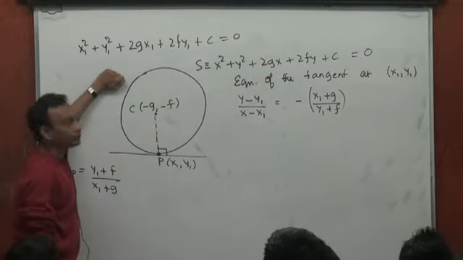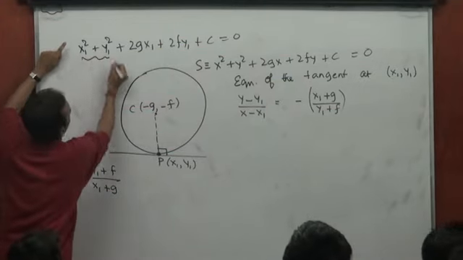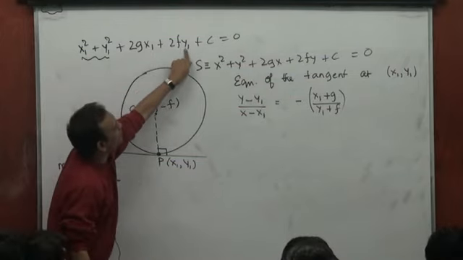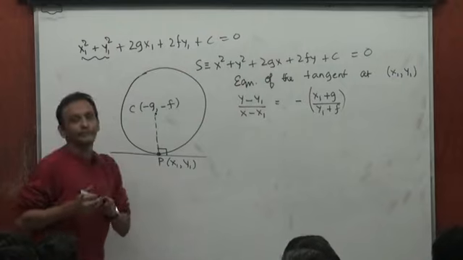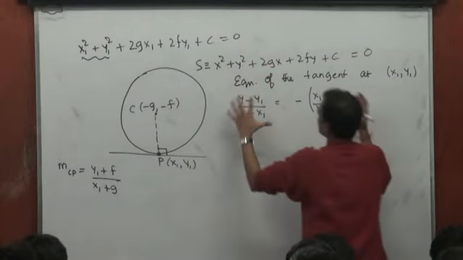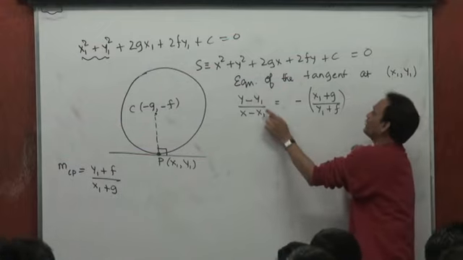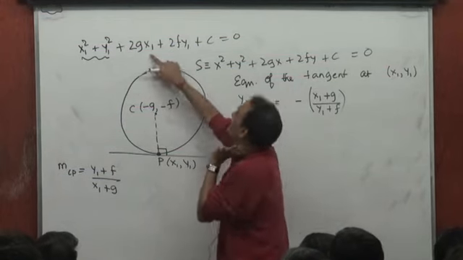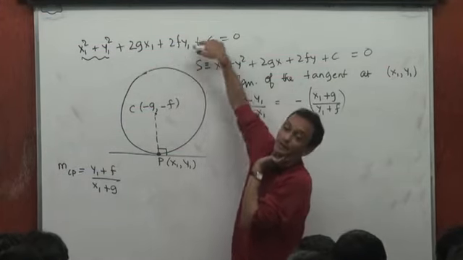Which means x1 squared plus y1 squared could be written as minus 2gx1 minus 2fy1 minus c wherever required. Now, without wasting time on simplification, if you cross multiply, then on one side you will find x1 squared plus y1 squared coming, and you replace that by minus 2gx1 minus 2fy1 minus c.